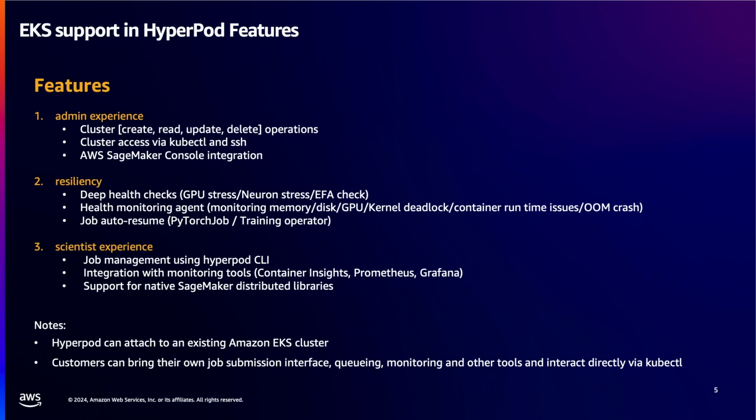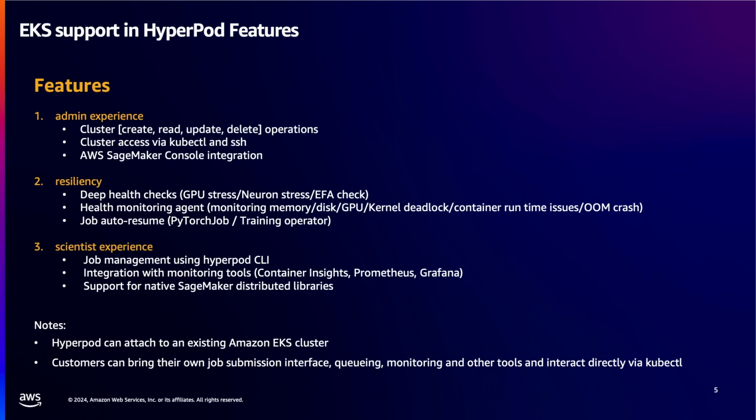Finally, the scientist experience is provided by HyperPod CLI, and it enables users who are not familiar with the Kubernetes API to have an easy interface to submit and manage their jobs on HyperPod clusters. Of course, we'll also cover observability features of HyperPod.